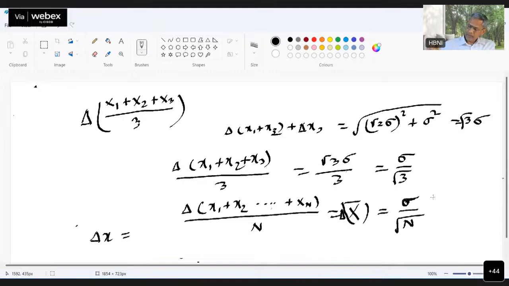Even if you don't know it, you can take one sample and write there your sample standard deviation and the number of events. This shows that if you increase your number of events, the error on your measurement will go on reducing. So this is a very powerful result. That is what we say: when you take more and more data, your statistical uncertainty will reduce.